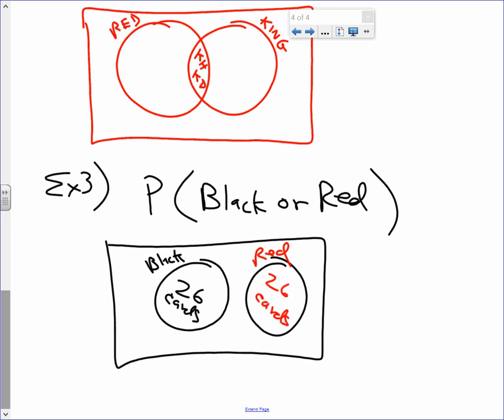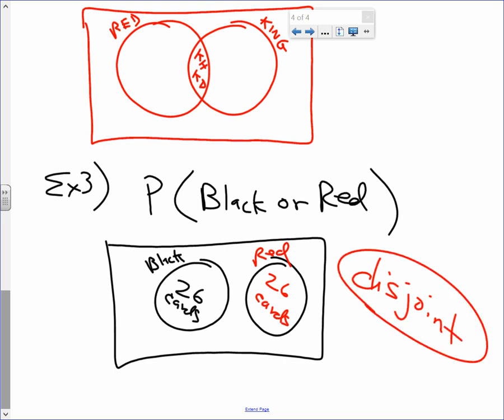But there is no such thing as a card being both black and red. So we would call this disjoint. Remember, joint is when things come together. Disjoint events are when there is no overlap. Not that hard. Don't overthink this. It's very simple.